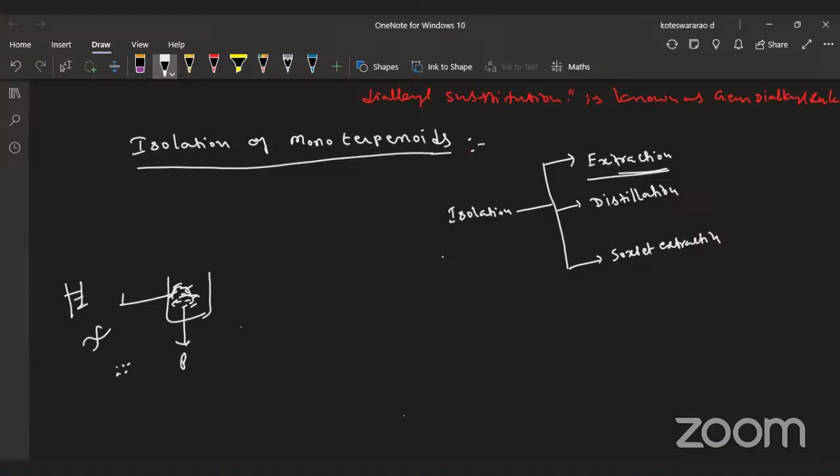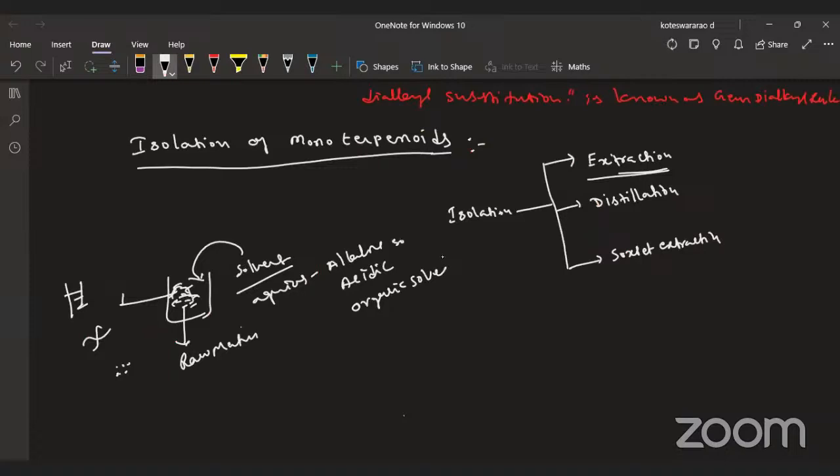Take this raw material with some solvent. That solvent may be aqueous alkaline or acidic, or organic. These are alkaline solution, acidic solution, or organic solvent.